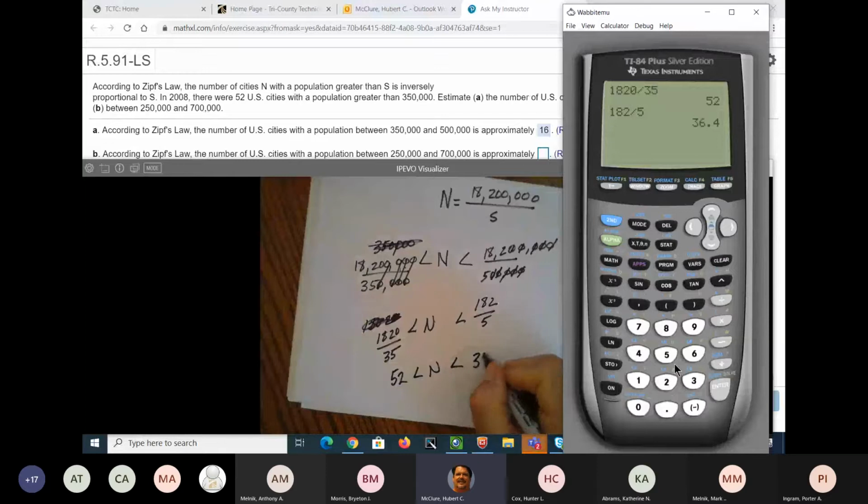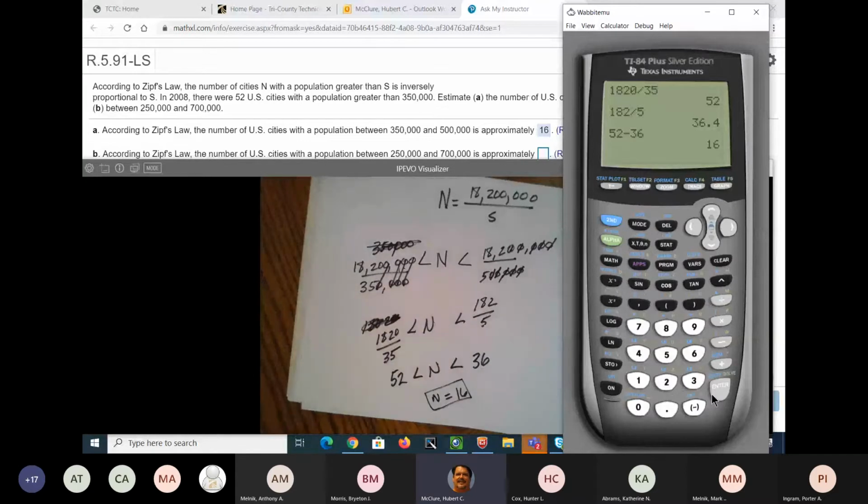So I'm going to subtract 52 minus 36. I get 16. Okay, and I think that's the answer because there's no red mark there, so that must be the answer.